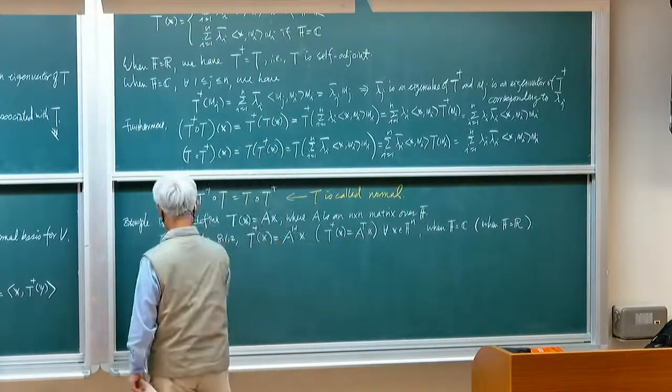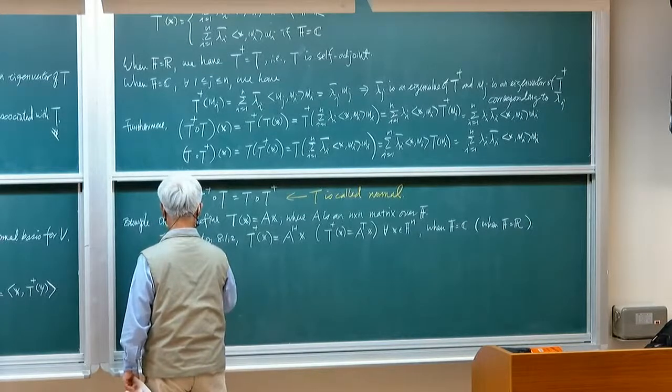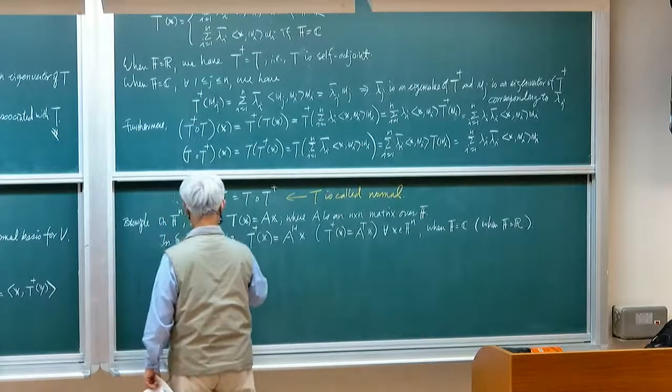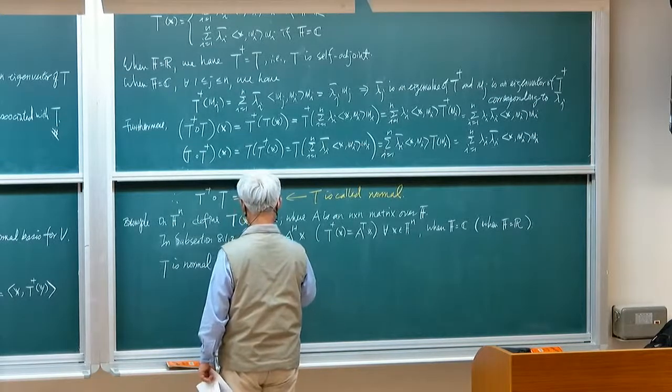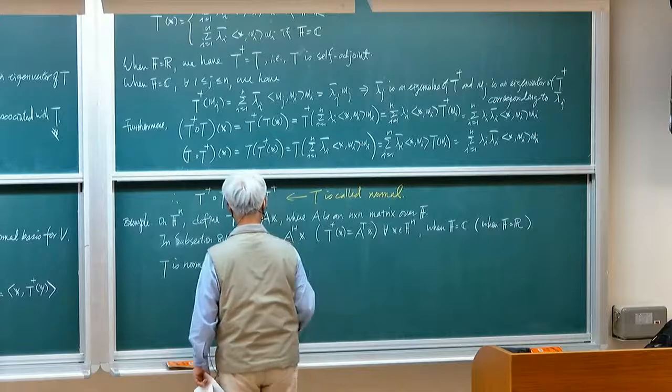All right, so T is normal if and only if T dagger T equals T T dagger.